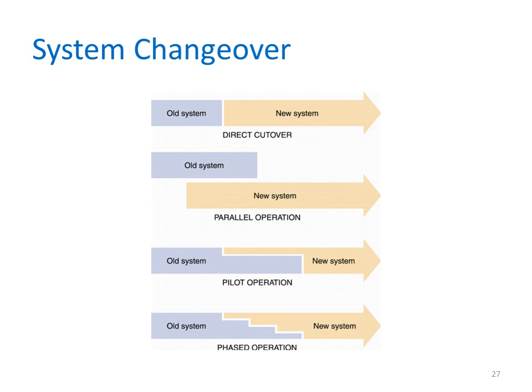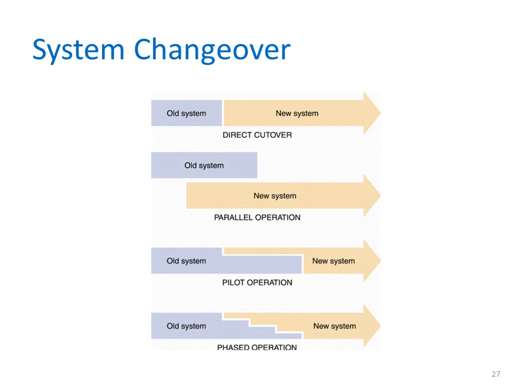System changeover is the process of putting the new information system online and retiring the old system. Changeover can be rapid or slow depending on the method. The 4 changeover methods shown on this slide are direct cutover, parallel operation, pilot operation, and phased operation.